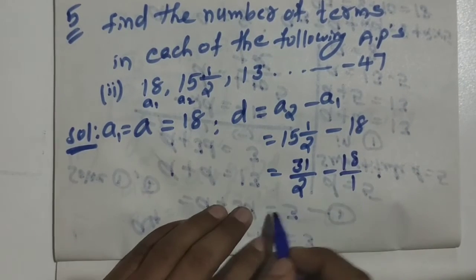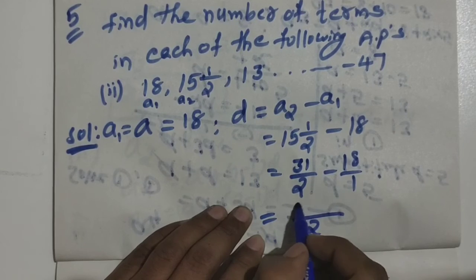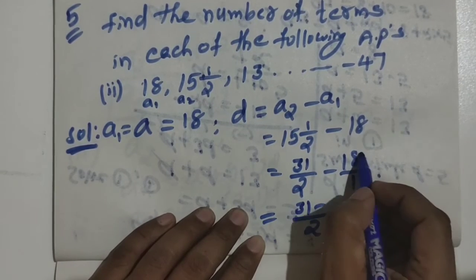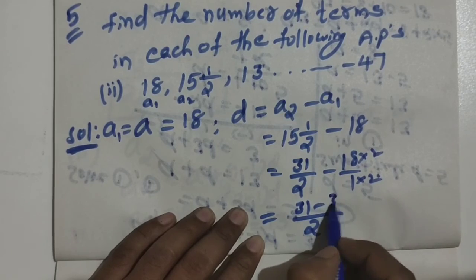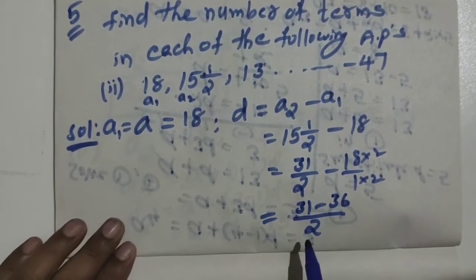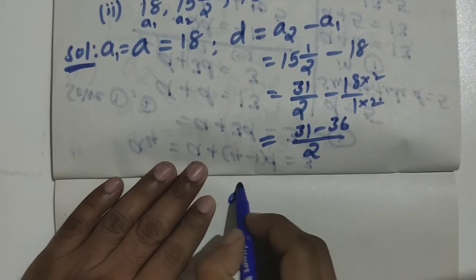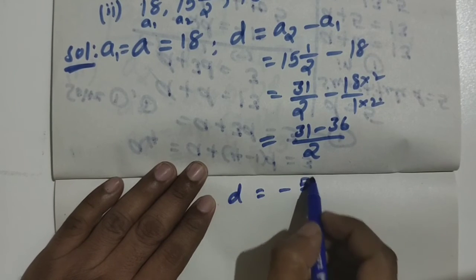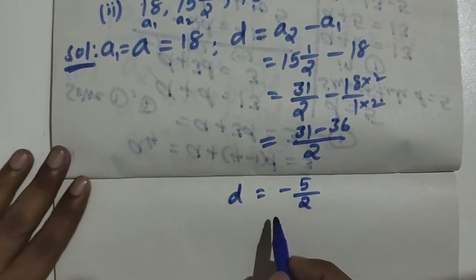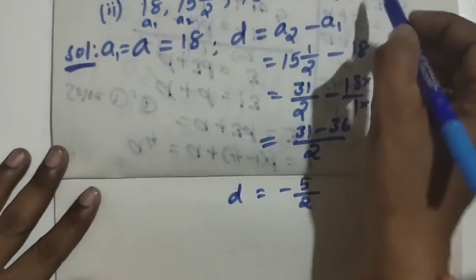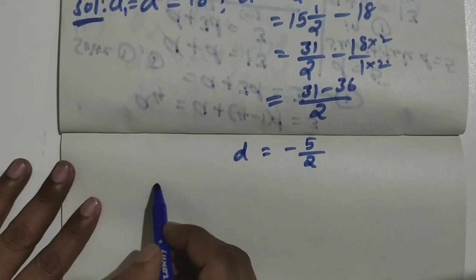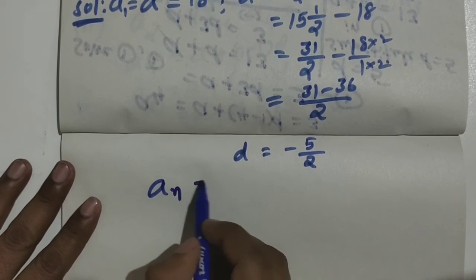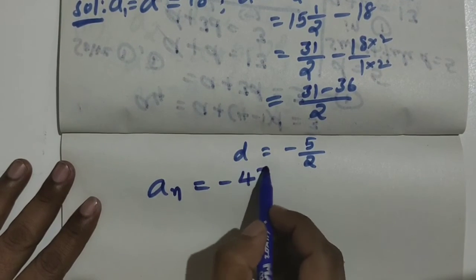So now here 2 is the LCM, so we get 31 minus 2 into 18. Here we already have 2 as LCM, so that's why we get 31 minus 36. Now the d value is simply how much? Minus 5 by 2. Now here we have the last term, minus 47 is the last term. It is generally taken as an. An is equal to minus 47.